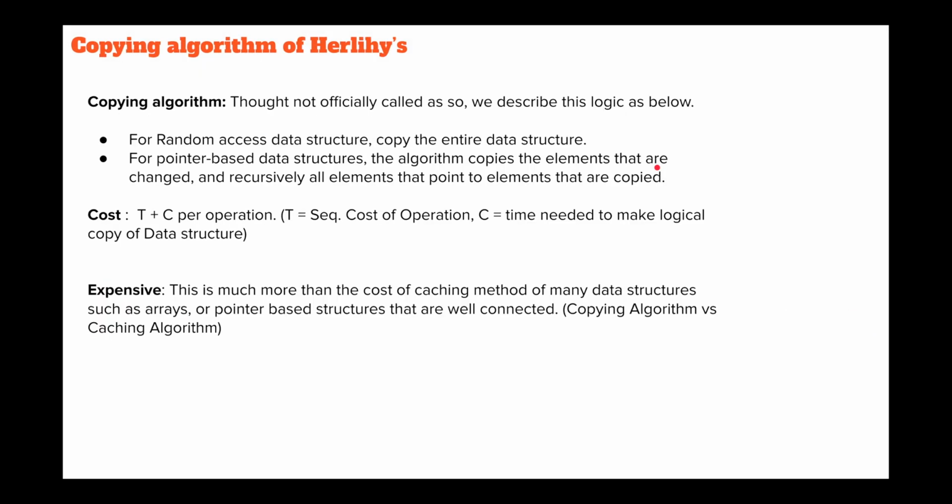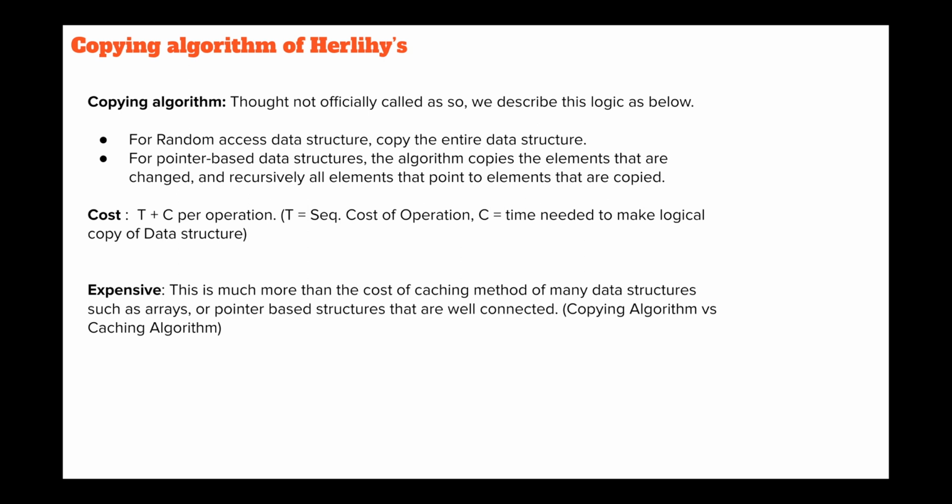So, the copying algorithm for Herlihy's. Though it's not officially called a copying algorithm, for the sake of this discussion, let's call it the copying algorithm. The main logic is, for a random access data structure, we copy the entire data structure as such, and for a pointer based data structure, we copy only the elements that are changed, and recursively all the elements that point to that node.